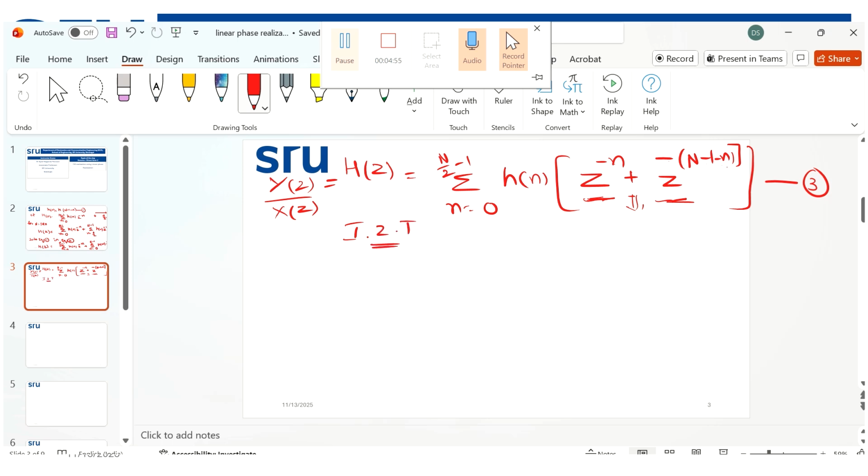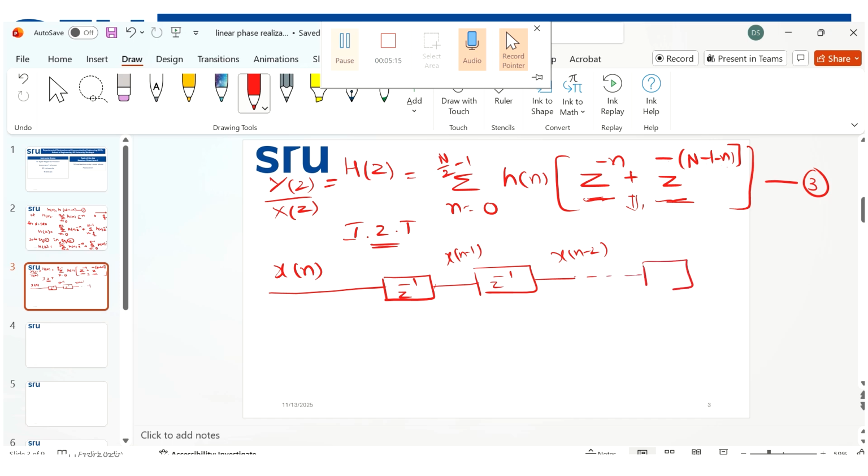The first input is x of n. Then we have z power minus 1, that is x of n minus 1, next x of n minus 2, and so on. When capital N is even, we divide this entire structure into two halves, right?